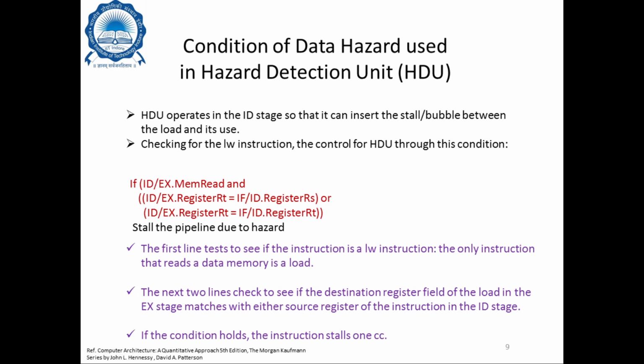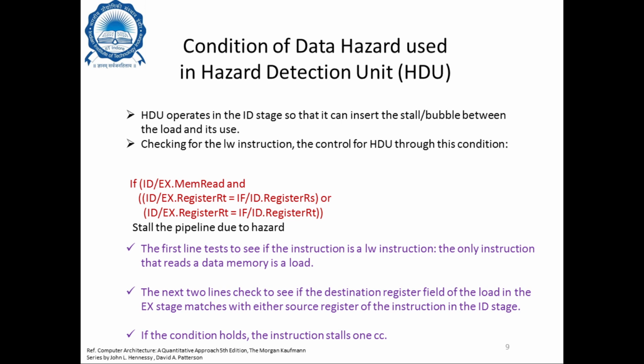Once we know that this is a load instruction, the next thing is to see if the destination register field of the load instruction in the execute stage matches either source register of the instruction in the ID stage. So this is checking the destination register field of the load, which is ID/EX Register RT, equal to IF/ID dot Register RS, which is the source register of the instruction in the ID stage, or it could also be IF/ID dot Register RT.